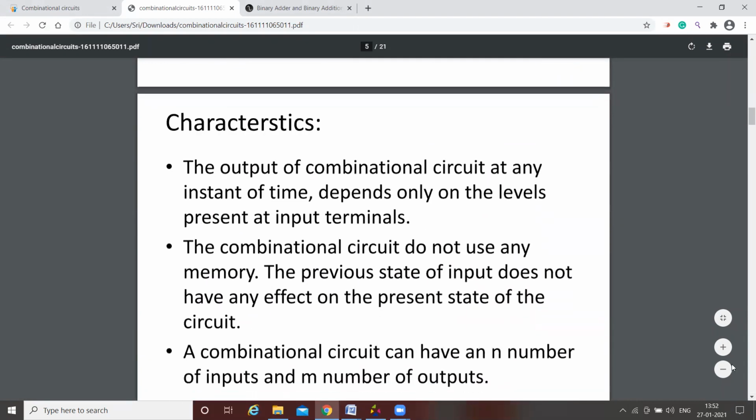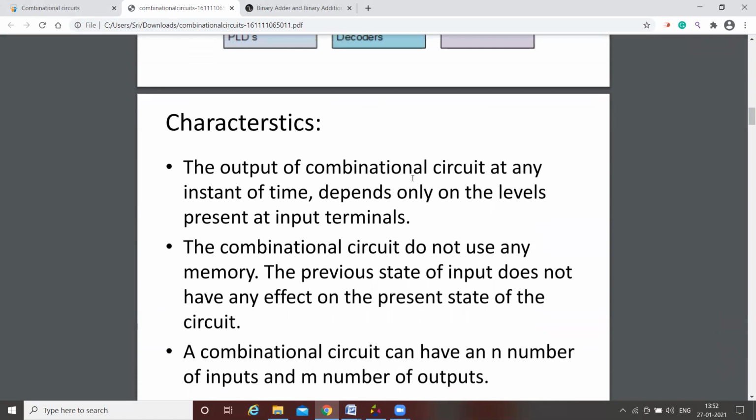Next, the characteristics of combinational logic circuits. The output of a combinational circuit at any instant of time depends only on the levels present at the input terminals. A combinational circuit does not use any memory, because it depends only on present inputs, so there is no need for any memory element to store previous data.